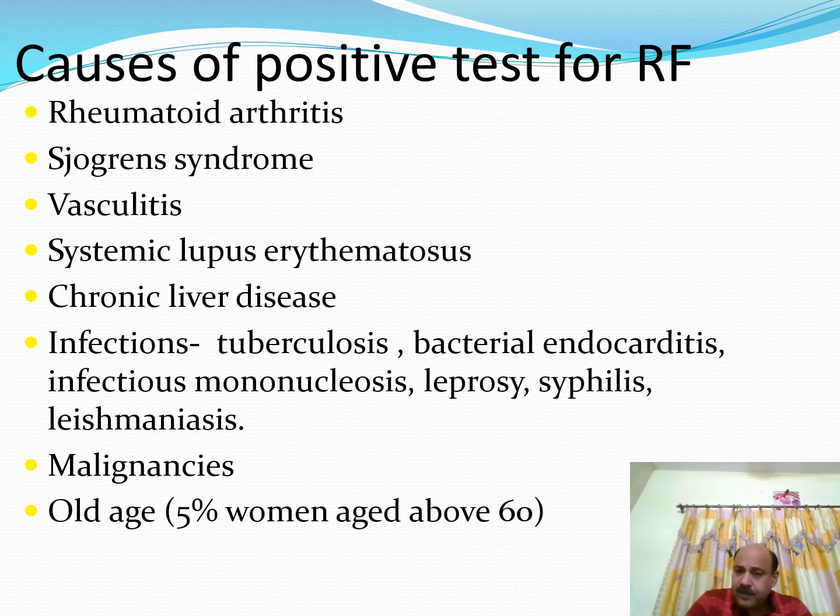Few patients from the elderly age group may also have RA factor positive, though they may be absolutely healthy. So if it is positive, it doesn't confirm the diagnosis of rheumatoid arthritis. And simultaneously, if RA factor is negative, that doesn't rule out the possibility of rheumatoid arthritis, as the patient may have seronegative rheumatoid arthritis also.